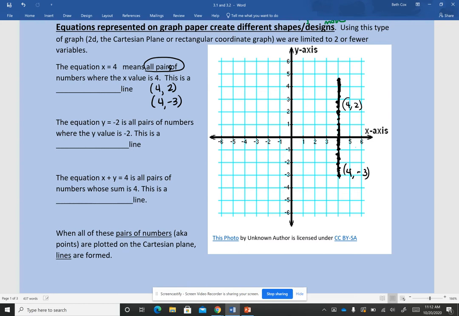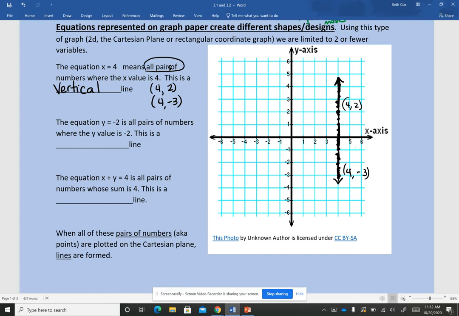And so x equals 4 is an equation for the shape of a vertical line. That's what x equals 4 is. It is a vertical line.